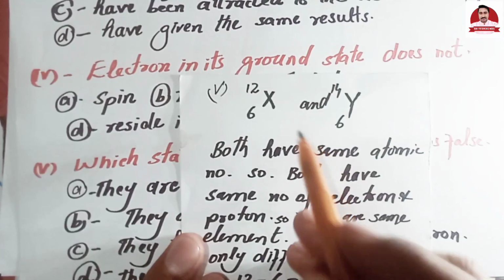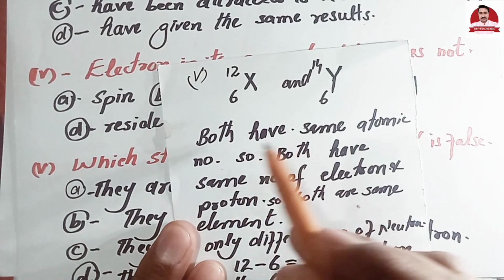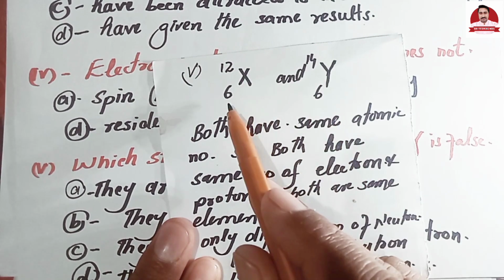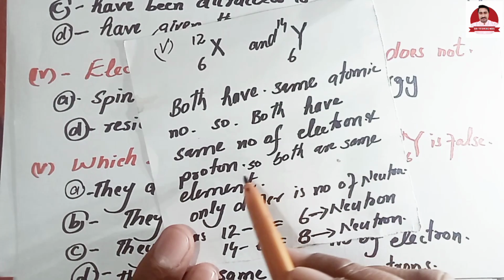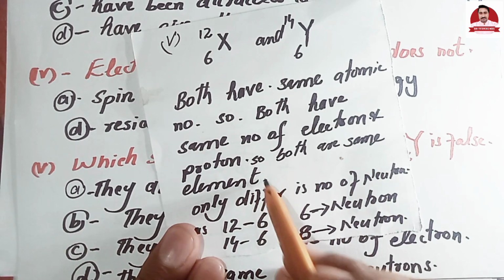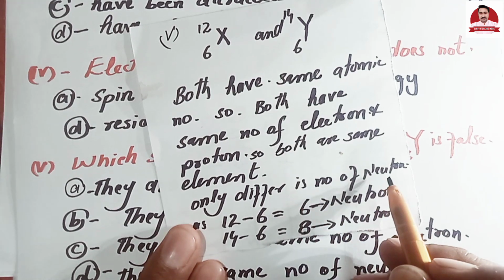Both have the same atomic number because they have the same number of protons and electrons. Both have the same number of electrons as well as protons, so both are the same element. They only differ in their number of neutrons.